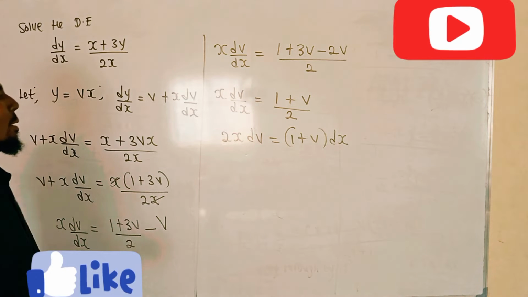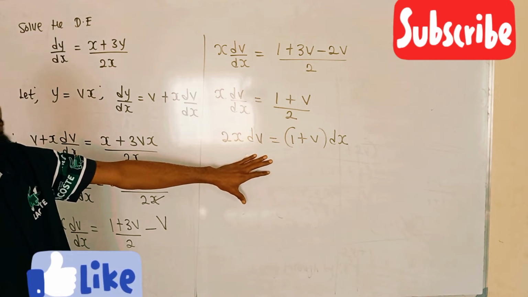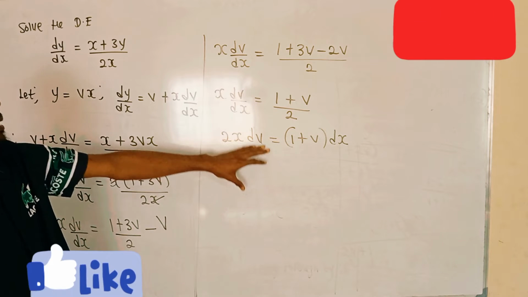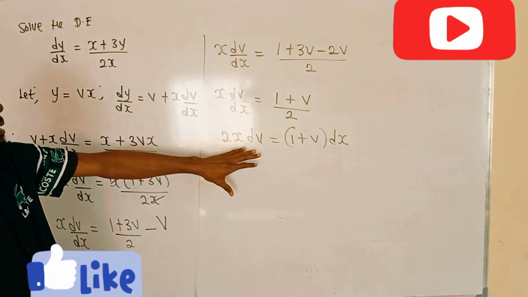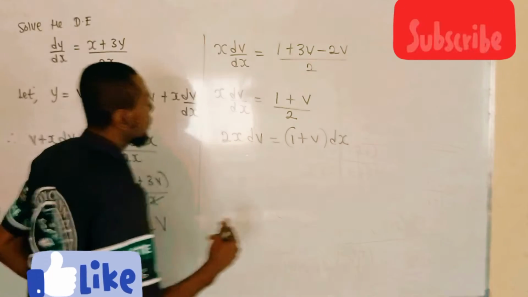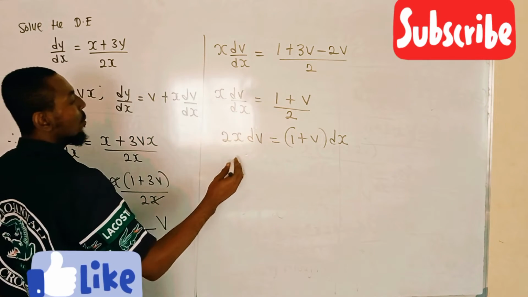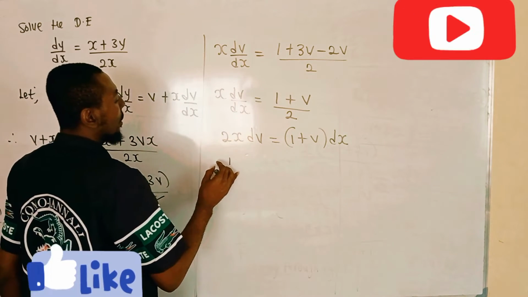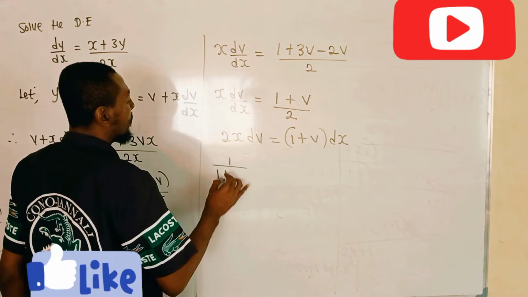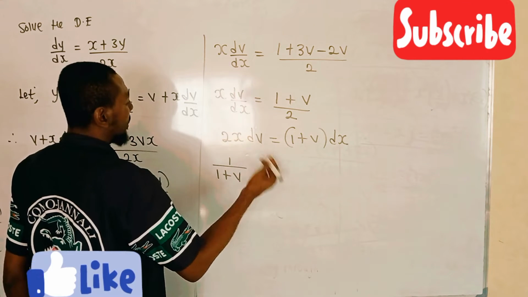With this, we can now separate the variables. Remember, when you cross multiply, having it in linear form, then to separate the variables, we have 1 plus v to come under here, which will give us 1 over 1 plus v dv. Or let's put it this way.